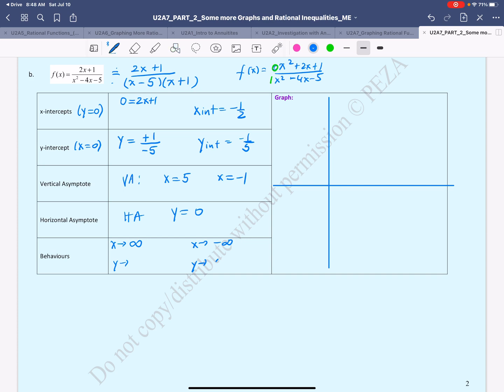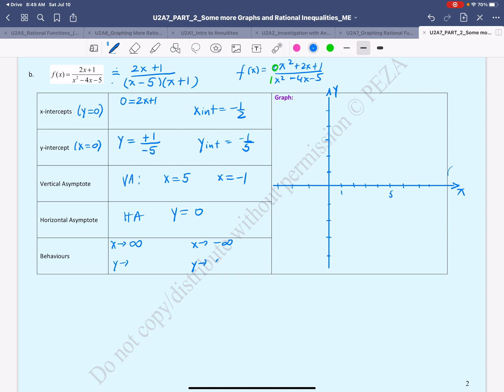I'm going to scale to the best of my ability here. This is 5. And here goes the x, and here is the y-axis. Here we go, 1, 2, 3, 4, 5. 1, 2, 3, 4, here.